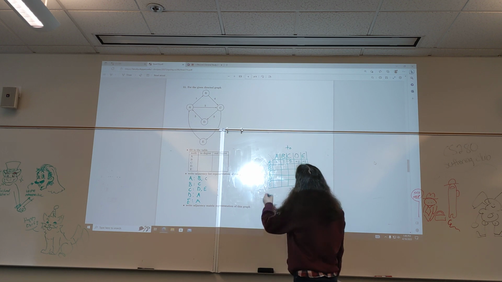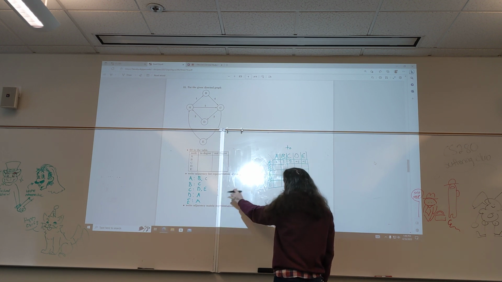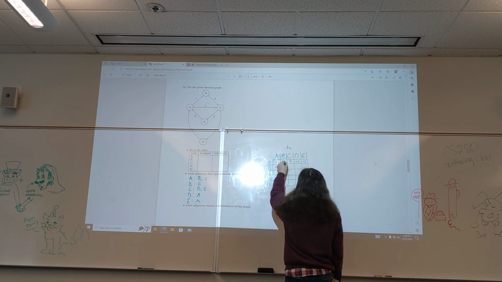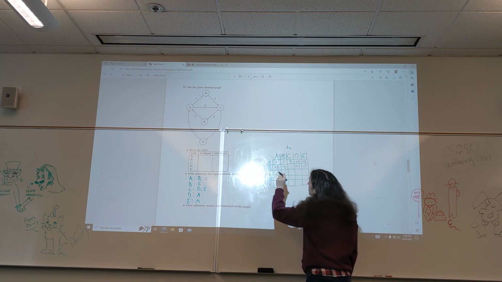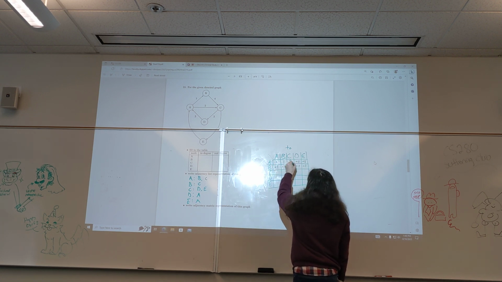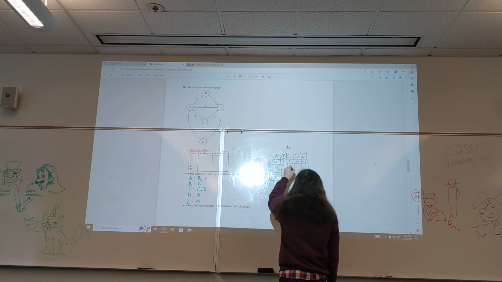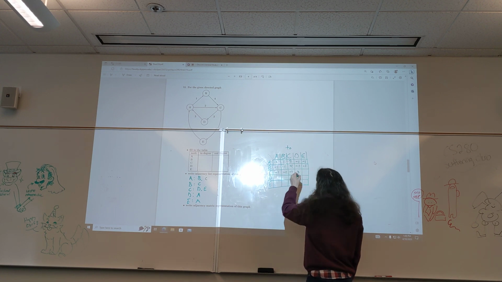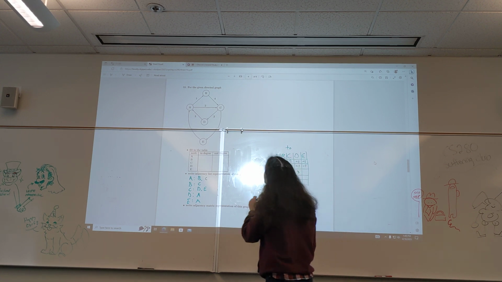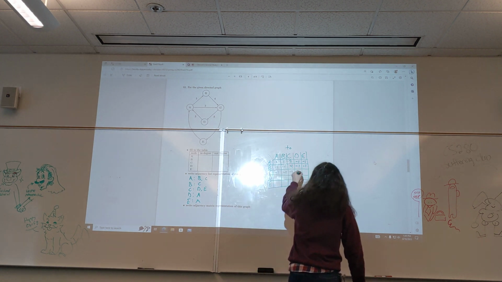From B to A, well, we can actually just look at this. The only one it can go to is C, and its distance to C is 4. For C, it can only go to D and E. Its distance to D is 3, and its distance to E is 2.